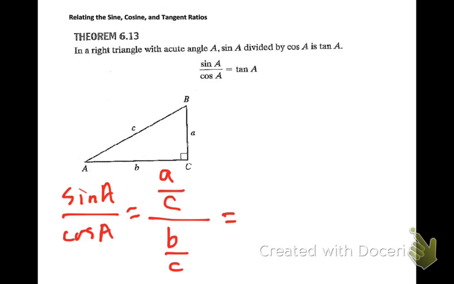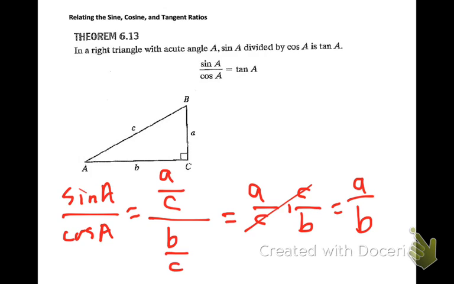All right, so we want to simplify that. A divided by C over B divided by C is the same thing as A divided by C times C over B. Those cancel, and we get A over B, right? And we know in terms of A, the ratio of A over B is which trig function?